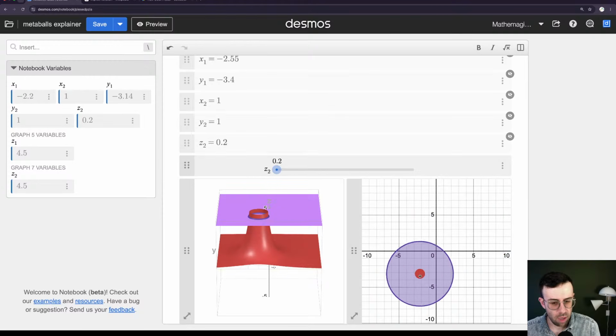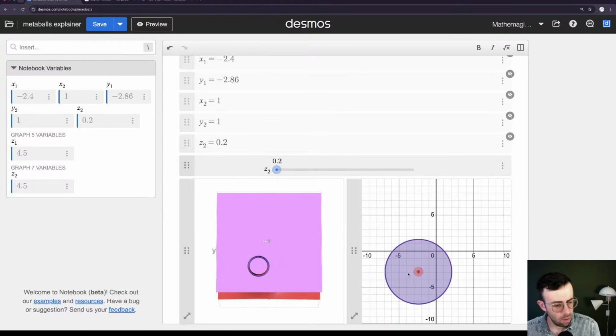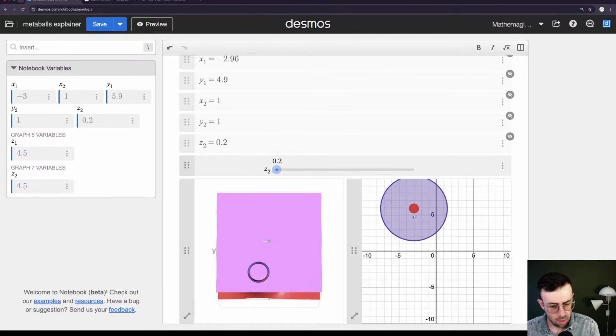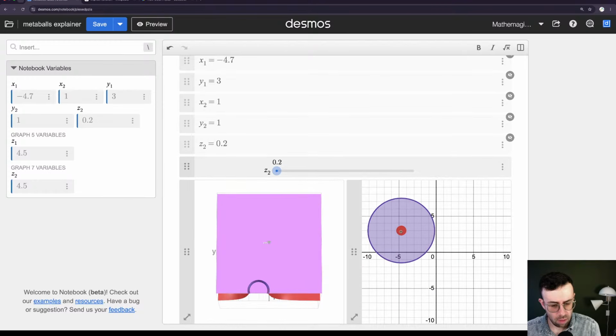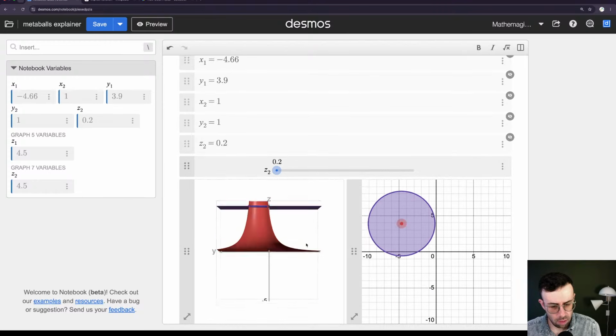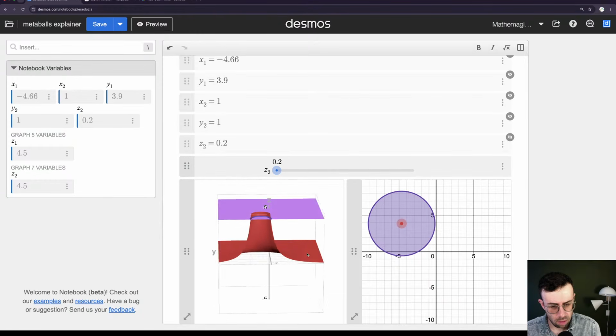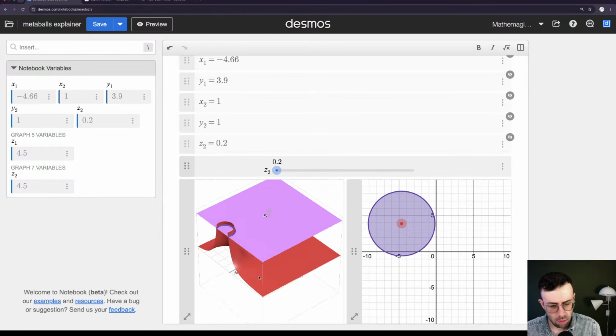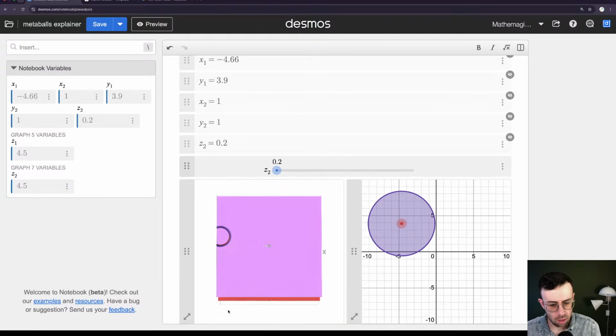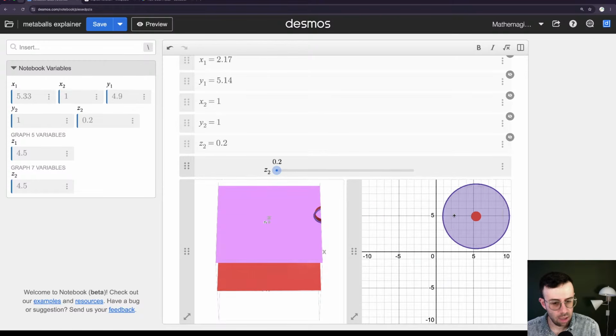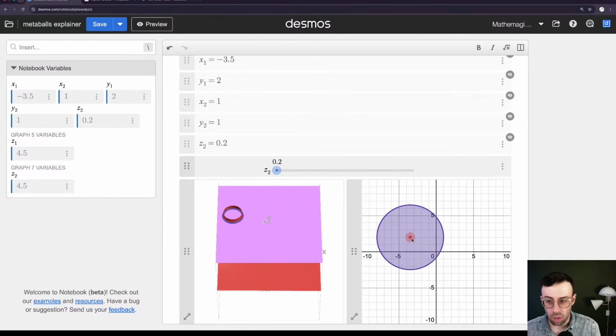That's kind of weird though, but something's off. Oh, it's like this. So it should be like, there we go. Oh, doesn't want to go below the x-axis.